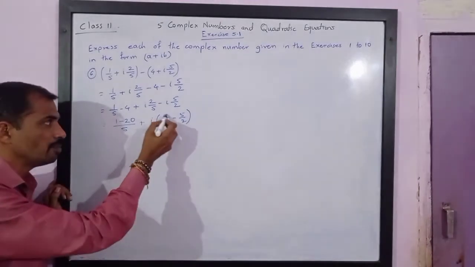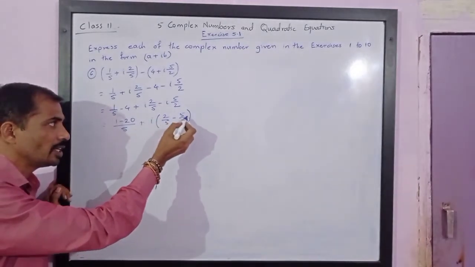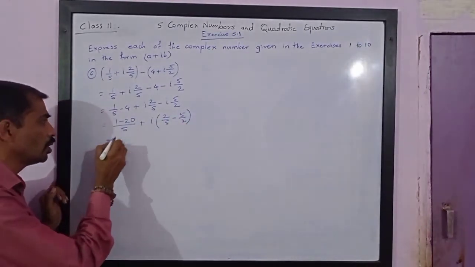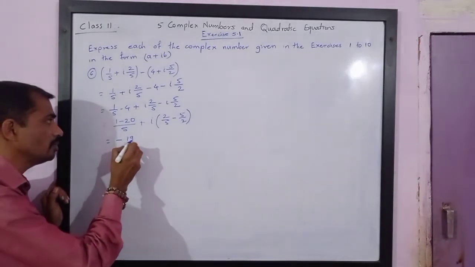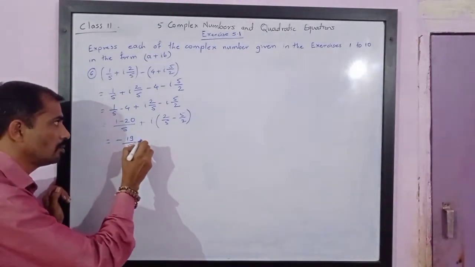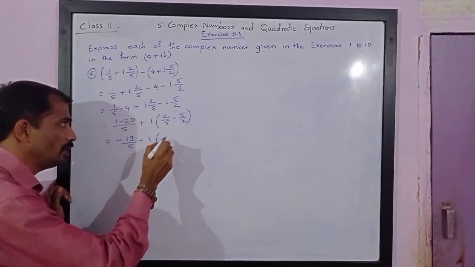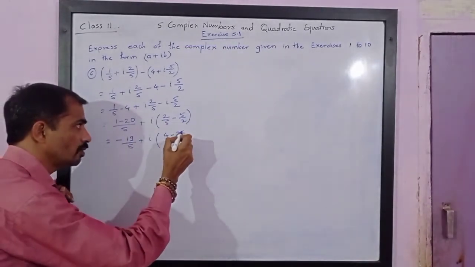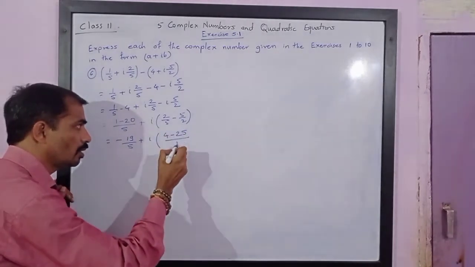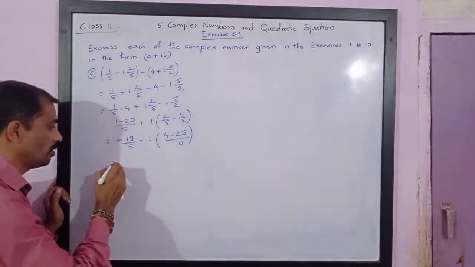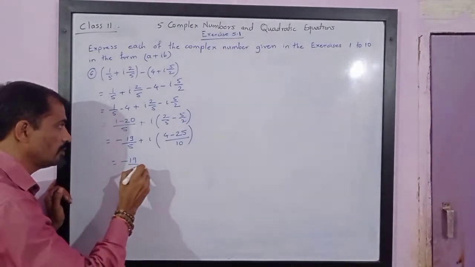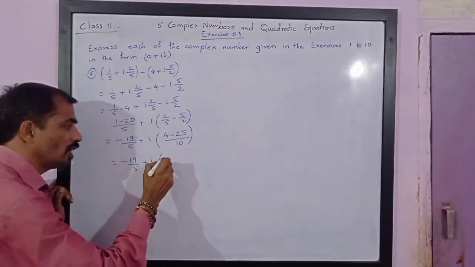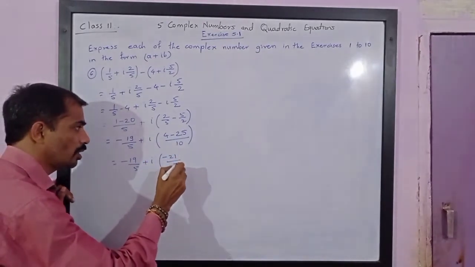So multiply this side fraction by the other side denominator and the other side fraction by this side denominator. So you will get 1 minus 20 is negative 19 upon 5 plus i is common, you will get 4 minus 25 upon 10. So this is equal to negative 19 upon 5 plus i, 4 minus 25 is negative 21 upon 10.